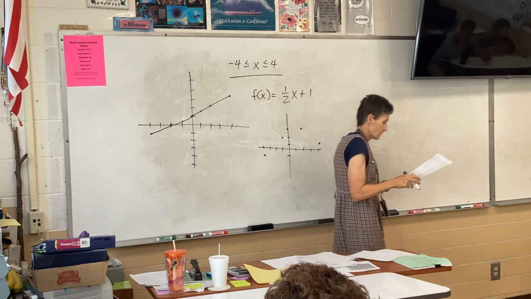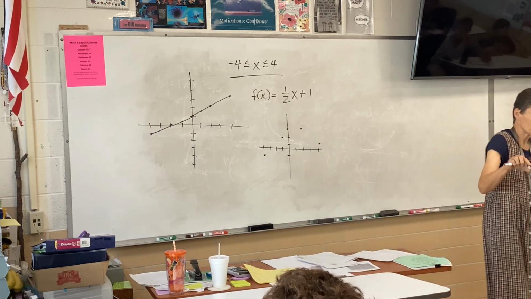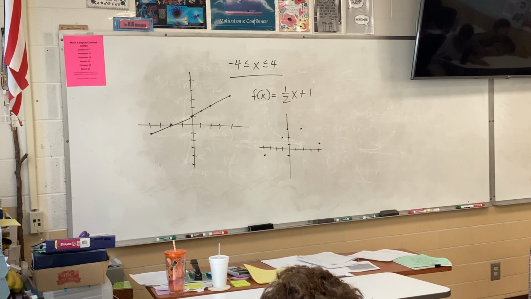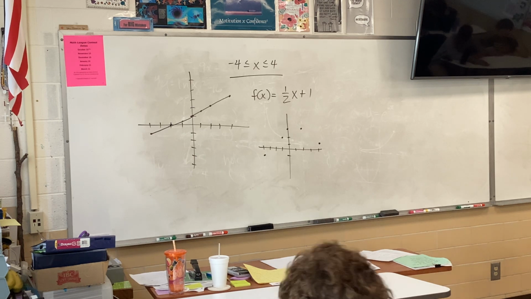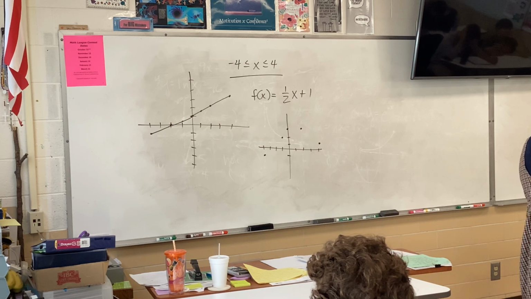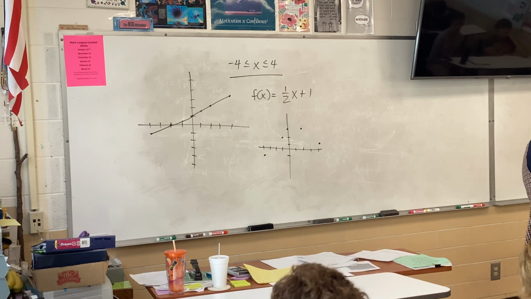Okay, this bottom thing here is so important. We've already talked about the first two, increasing and decreasing. Increasing means as I draw it from left to right, my pencil is going up.